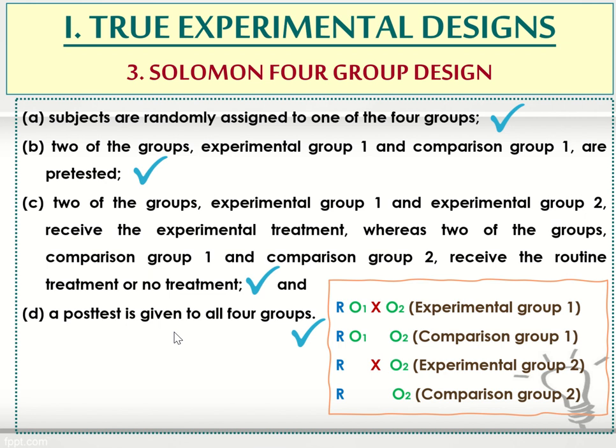And then the fourth criterion is a post-test is given to all four groups. Okay, so meron tayong O sub 2 here indicating a post-test for all the groups. So ito yung lahat ng criteria na ginagawa natin to indicate that it is a Solomon four group design.